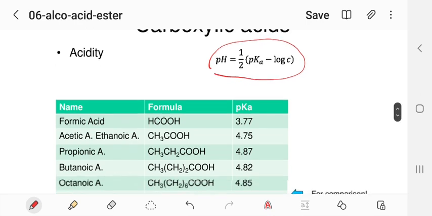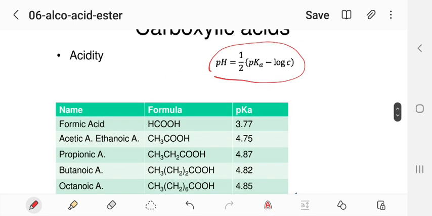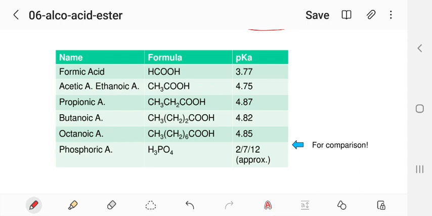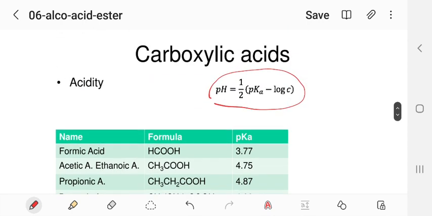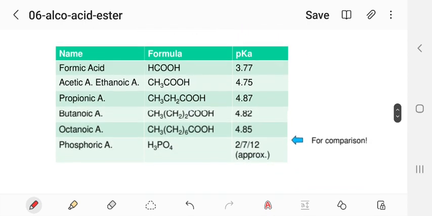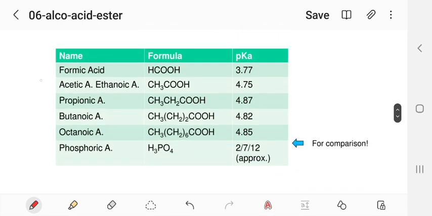It's half pKa minus log C, which is the concentration of the acid. And we know that the smaller the pKa, the stronger the acid is. So we can see from this table that formic acid is the strongest among them.